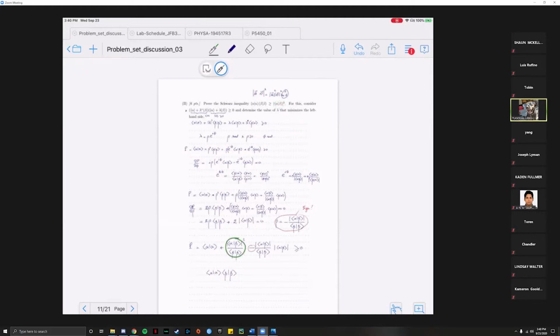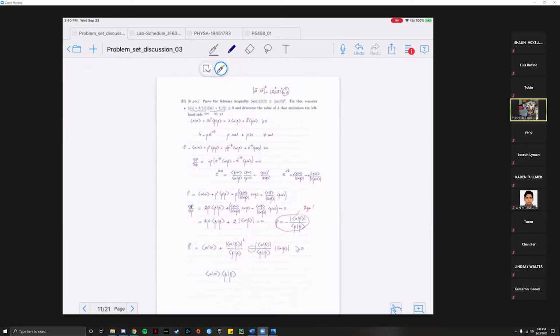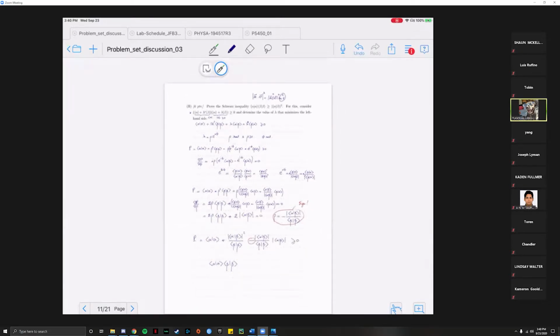But the problem, of course, is that I have this minus that, which amounts to 0. So I'm doing something wrong somewhere. Have I dropped something?